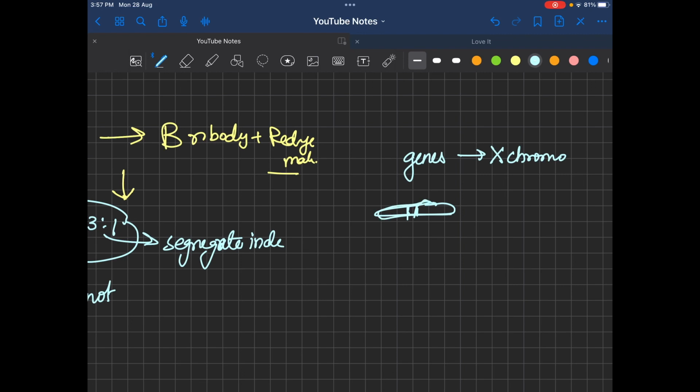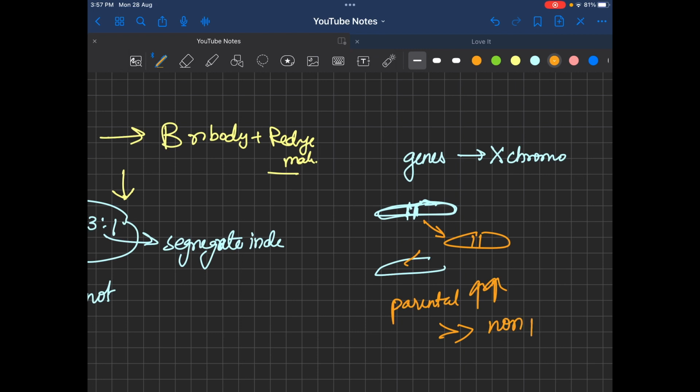Let's say this is parental type, two genes present on the same chromosome. In the progeny also we could see similar to this: parental means same type, non-parental means different. So when a chromosome has two genes, the proportion of parental combinations will be greater than the non-parental ones.